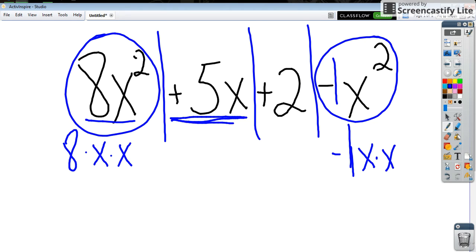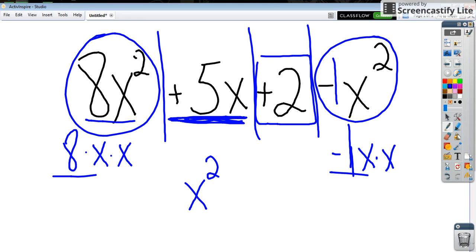So this is way different. And then this 2 is just kind of hanging out by himself here, or herself. I don't know the gender of the number 2, but it doesn't matter. It's a 2, it's just there. So we have this 8x squared minus 1x squared. When you combine like terms, how many x squareds are there? Here there's 8. Here there's a -1. 8 minus 1 is simply 7.